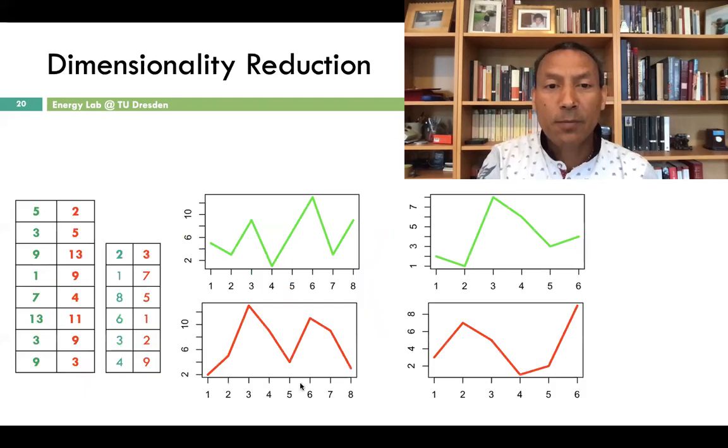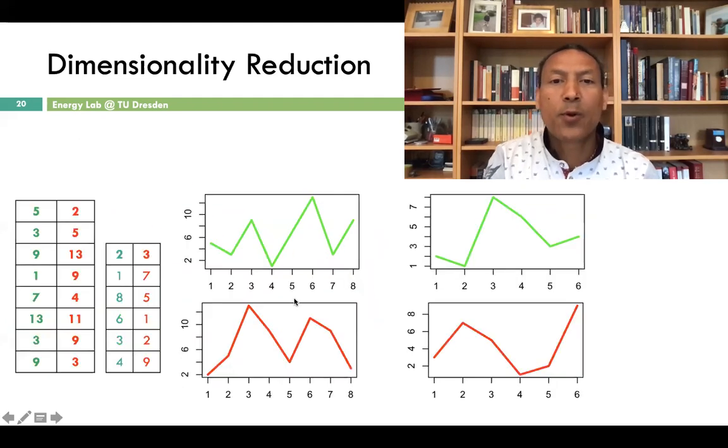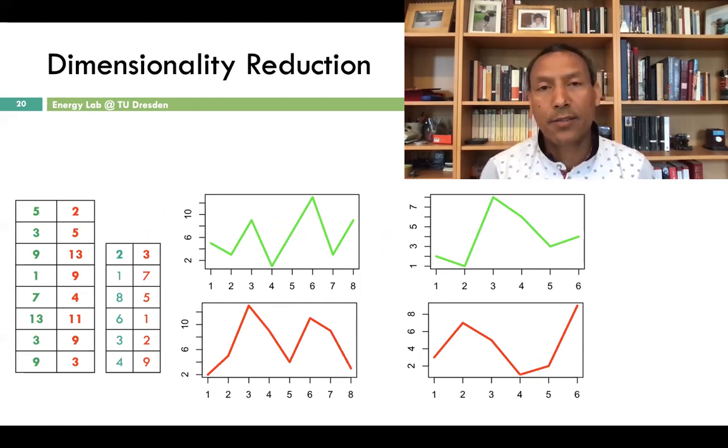If we have multiple features now, we can even plot them like this. This is the first feature in green. This is the horizontal, this is the vertical, and this is the horizontal. This is the vertical, and this is the horizontal. We can plot and analyze them.